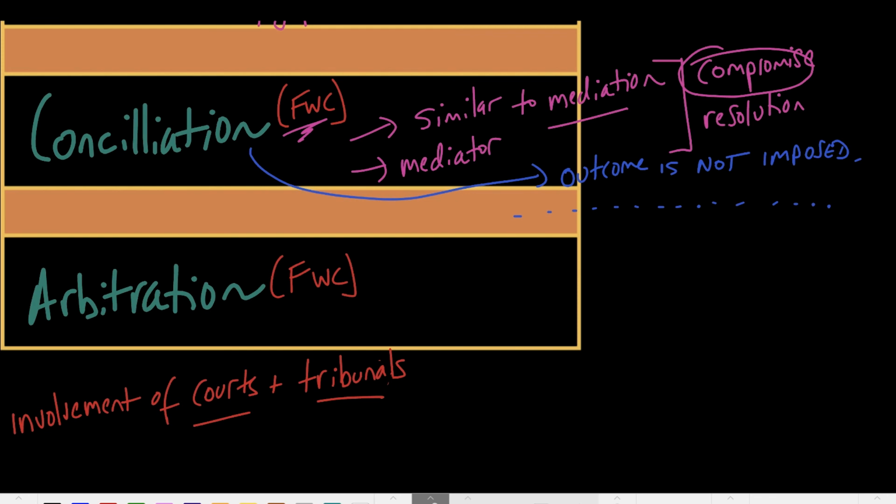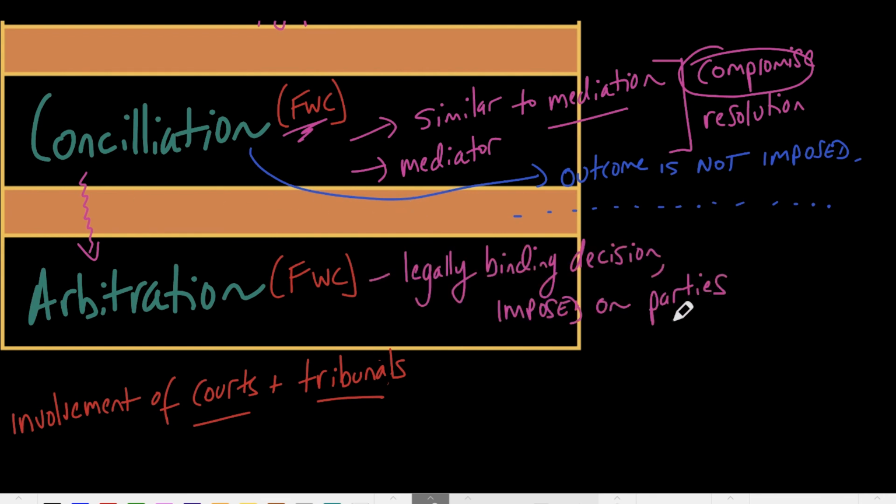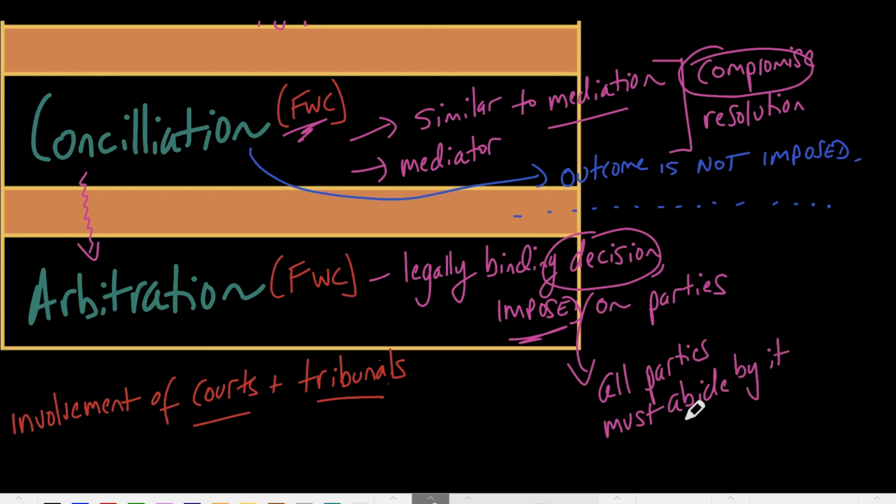The difference occurs if conciliation fails and then we actually have to get to arbitration. Now this is very serious because there is a legally binding decision that is then imposed on parties. Whatever the decision is, whether people like it or not, all parties must abide by it.